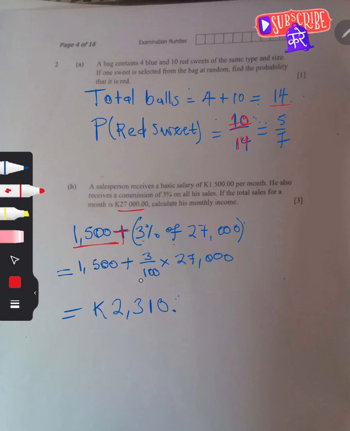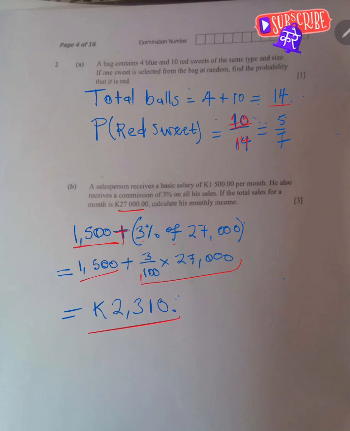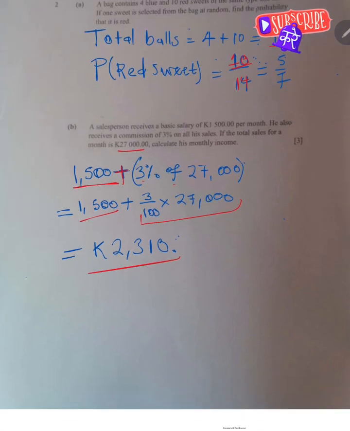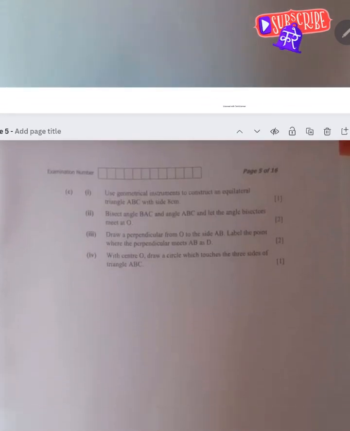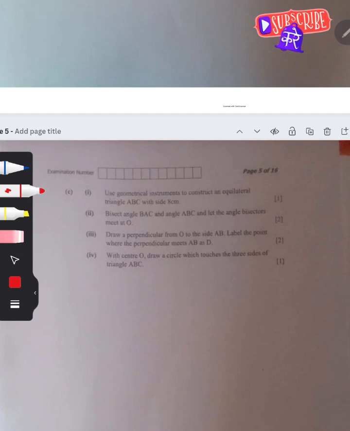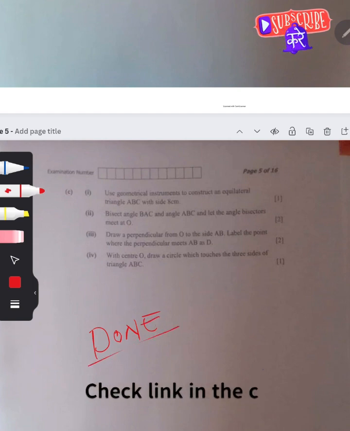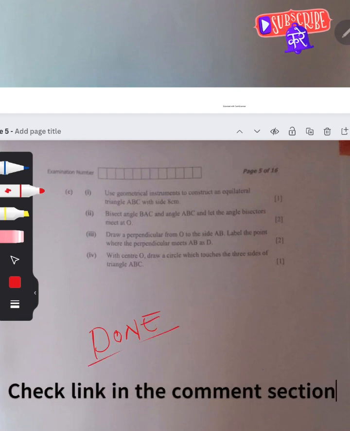And when you take this product and sum 1,500, you get 2,310. You can just confirm that on your calculator. All right, so geometric construction, this is done. You can check the previous post.